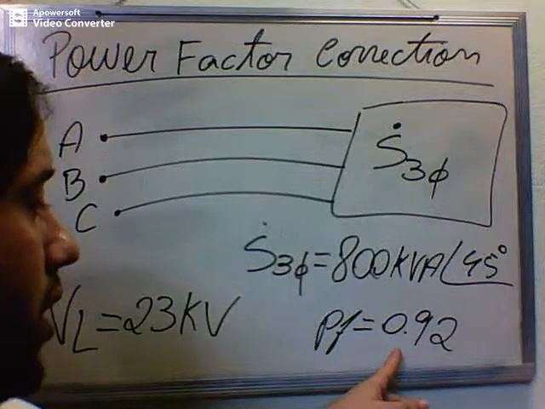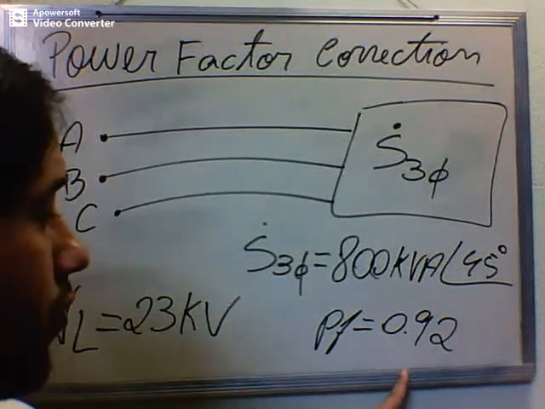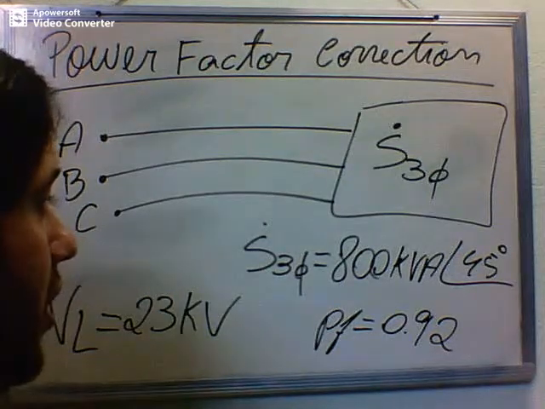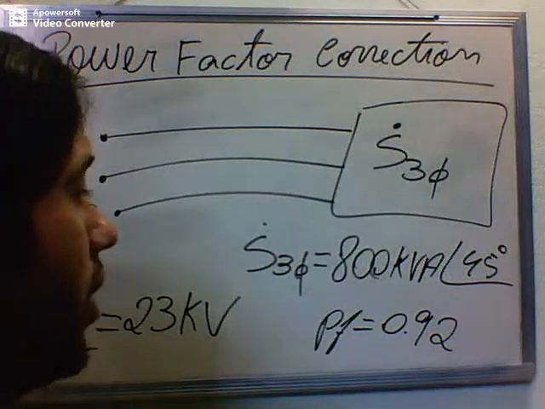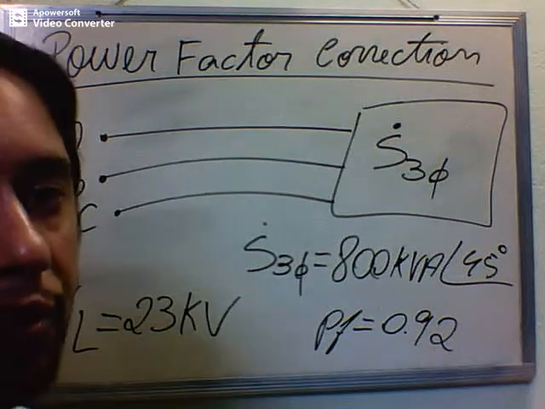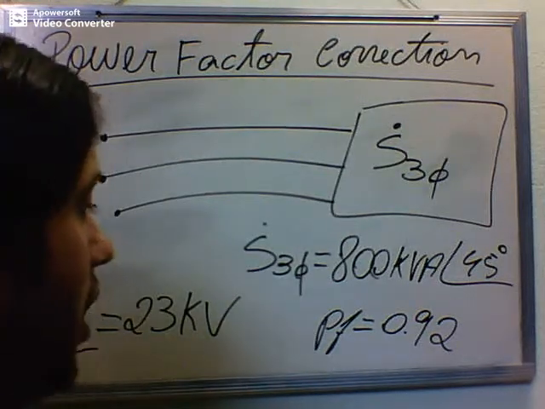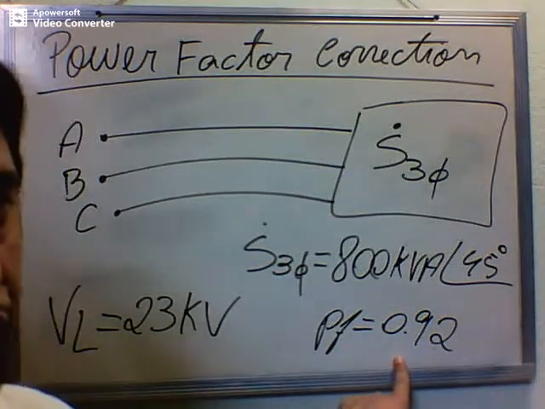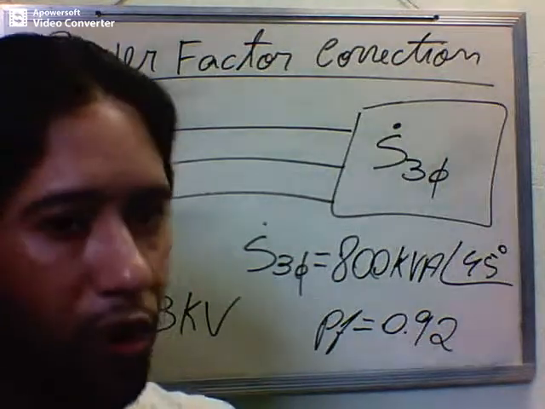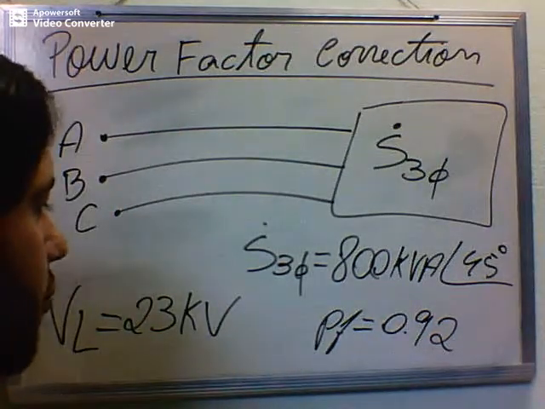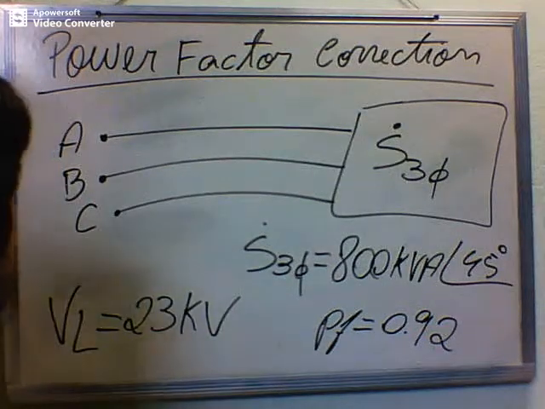We are going to compare it with the power factor that the local utility demands, and then we are going to calculate the amount of reactive power that the capacitor bank needs to provide, so the power factor seen by the utility is 0.92, my friends. So let's do it. Let's calculate the reactive power of the capacitor bank.